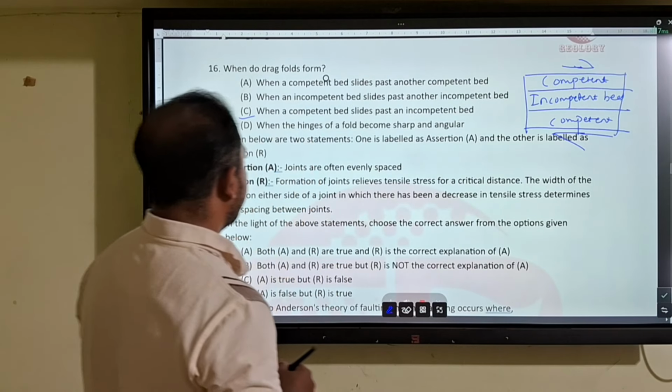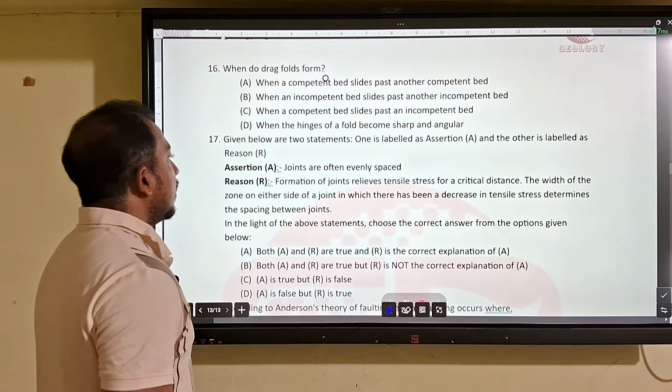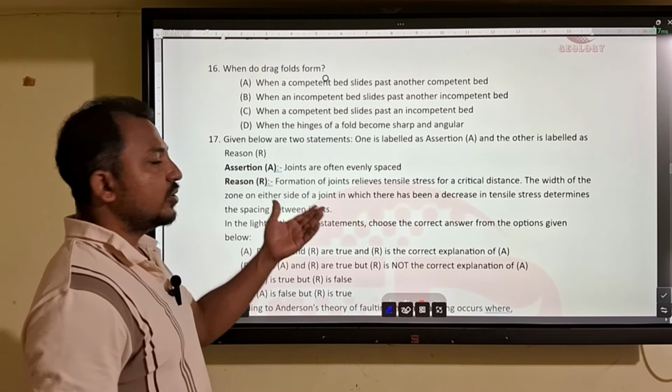Next question: joints are often evenly spaced. Most joints, you can take the example of mural joints and master joints, can be evenly spaced. The formation of a joint relieves tensile stress for a critical distance. The width of the zone on either side of the joint in which there has been a decrease in tensile stress determines the spacing between the joints.